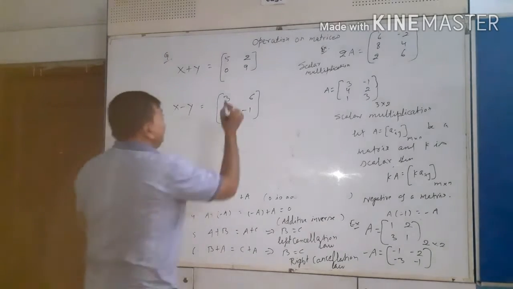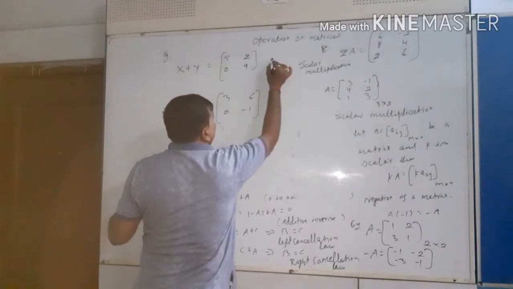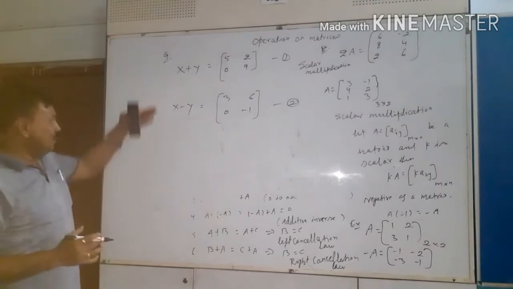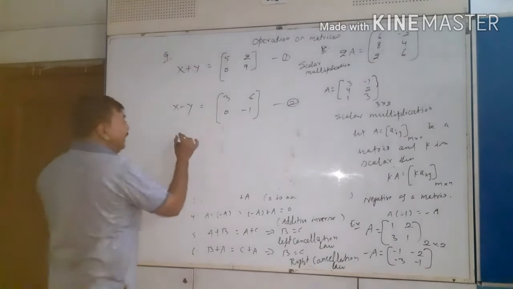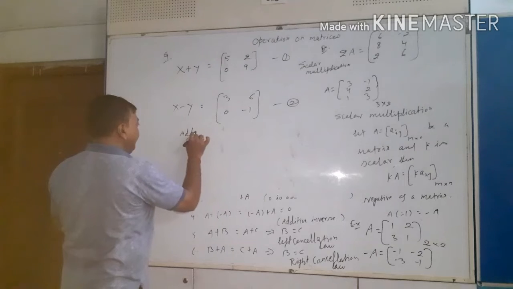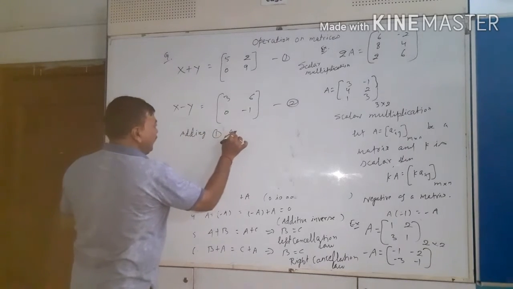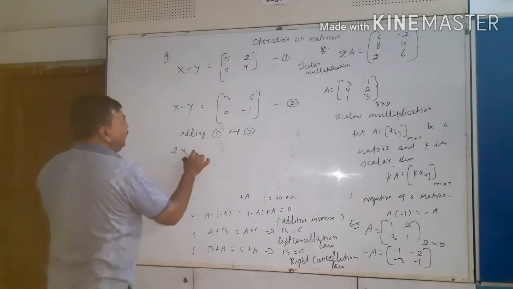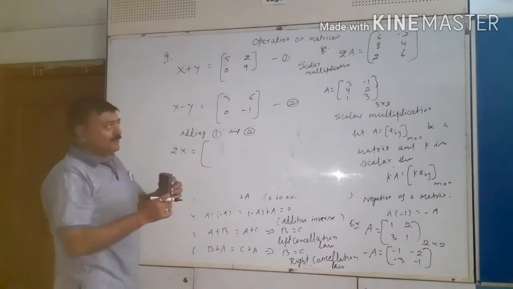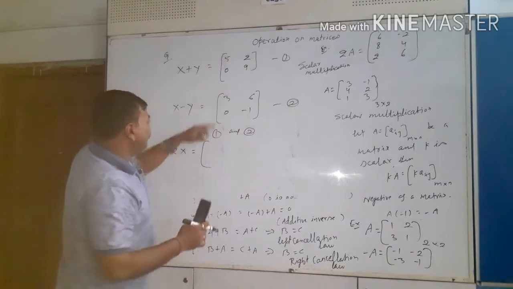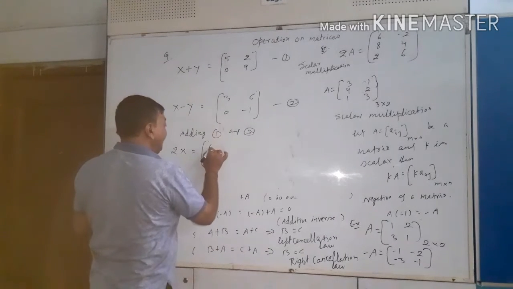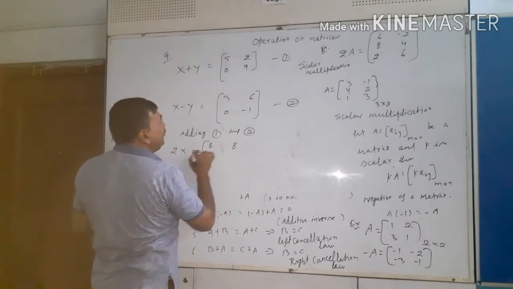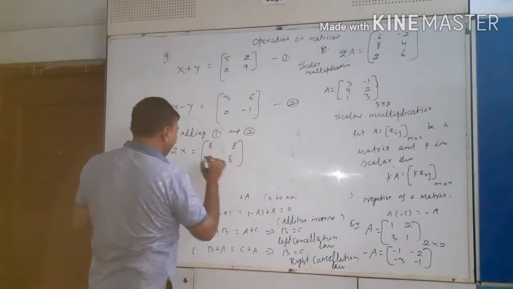If x plus y equals 5, 2, 0, 9 is equation 1, and this is equation 2. Add both equations, 1 and 2. Then it will be 2x. Just add 5 and 3, which is 8, 2 plus 6 is 8, 0 plus 0 is 0, and 9 minus 1 is 8. That is 2x.